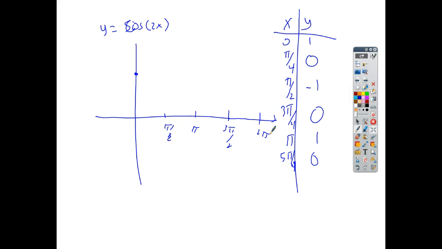We're at 0. At pi over 2, we're at -1. At 3 pi over 4, which would be halfway between these two, we're at 0. At pi, we're at 1.